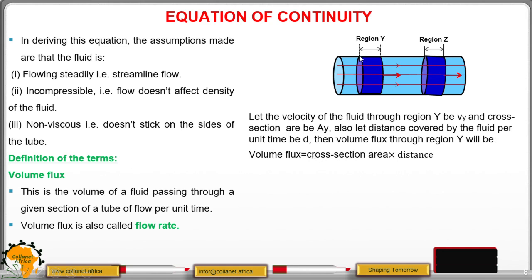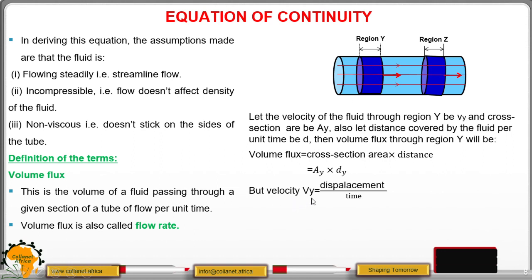Of course, this is the cross-section area here, and it is of the shape of a circle. It is a circular cross-section area. Then multiplied by the distance, and the distance in this case is from here to here. We are talking about region Y. Then it means that we will have Ay, which is this cross-section area, then multiplied by the distance from here to here.